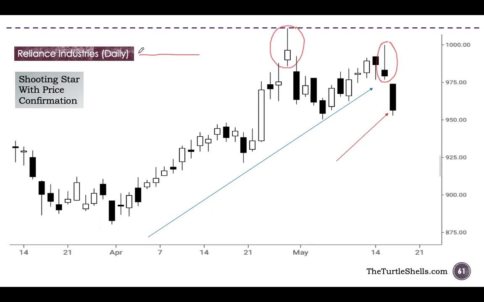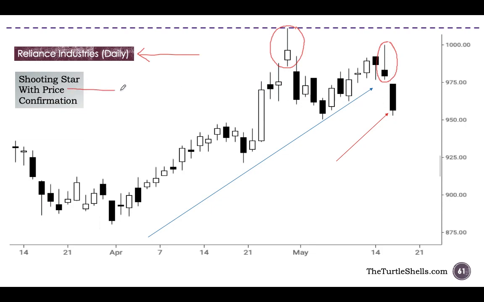This is a daily chart of Reliance Industries. So let's say there was no prior resistance confirmation. In that case, I would have waited to see what happens on the next candle. If the next candle closes below the close of the shooting star, then that is called price confirmation.